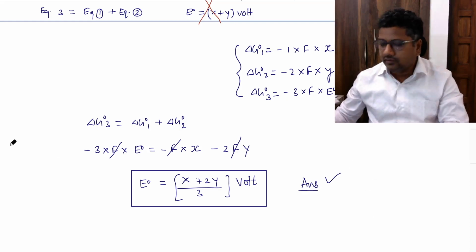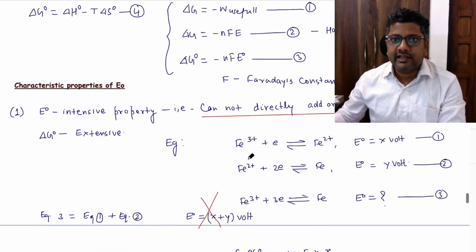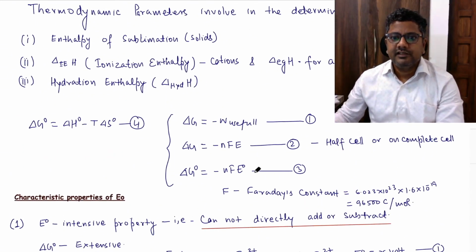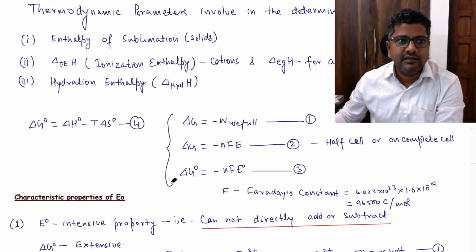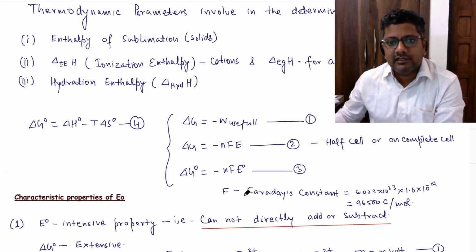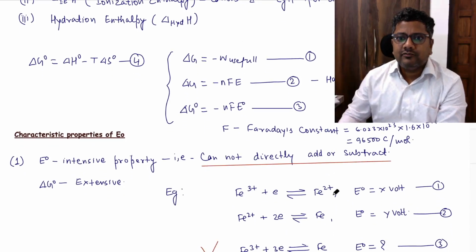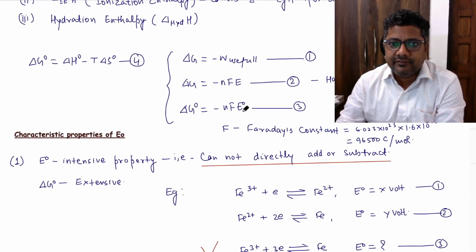So you cannot directly add or subtract what? E naught. You have to convert in terms of delta G naught. And you know, from this equation 3 you can say if E naught is positive, then delta G naught is negative, means reaction is spontaneous.